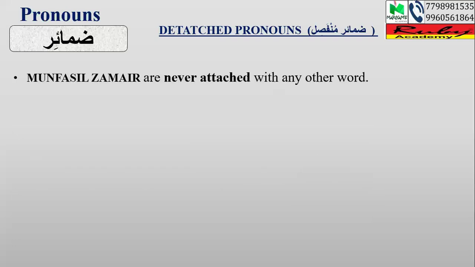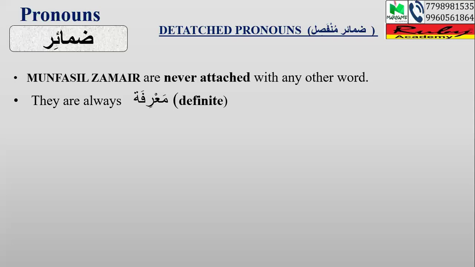So first of all, let's understand what is the rule of detached pronouns in Arabic. Munfasil damair are never attached with any other word. Okay, they always come alone, that you remember. Second, though you cannot see tanween at the end or al at the beginning, they are always definite.